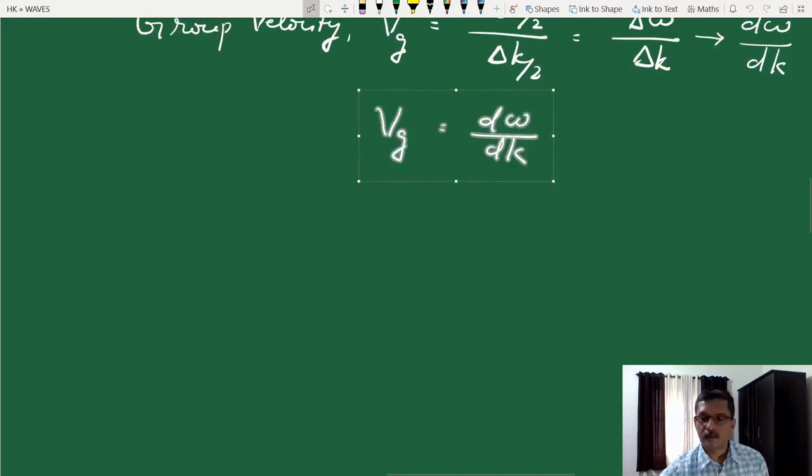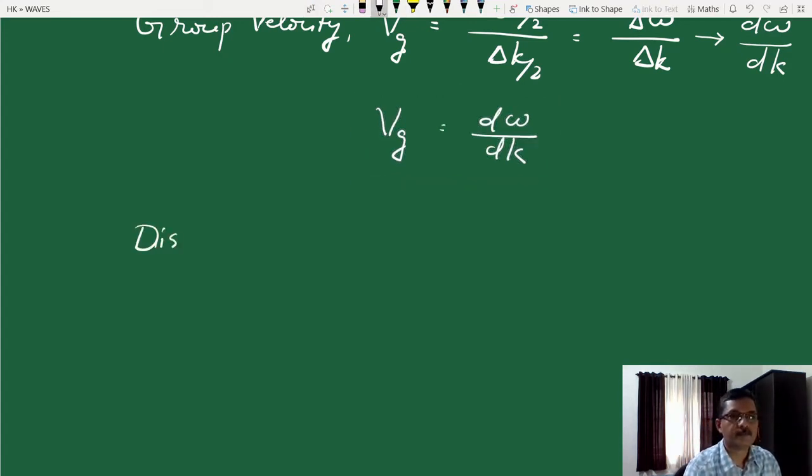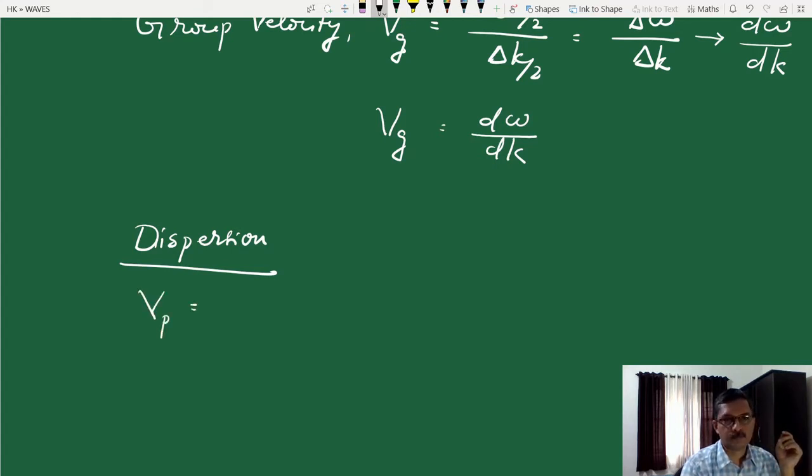Now let us consider the idea called dispersion. Now dispersion means the phase velocity of a wave is a function of wave number or wavelength.